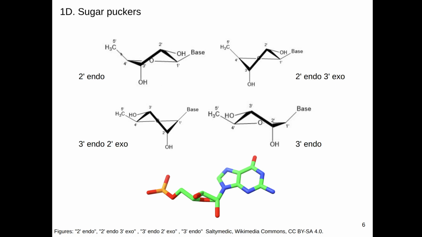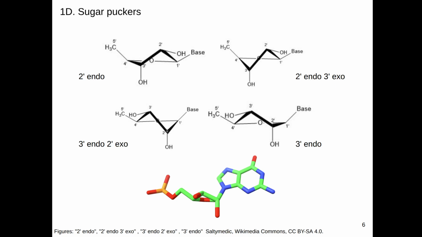So this is an example of 2' endo conformation where C2' is above the plane. This is an example of C3' endo conformation where C3' atom is above the plane. If it would be below the plane, it would be C3' exo conformation. And likewise here, if C2' would be here, it would be C2' exo conformation.